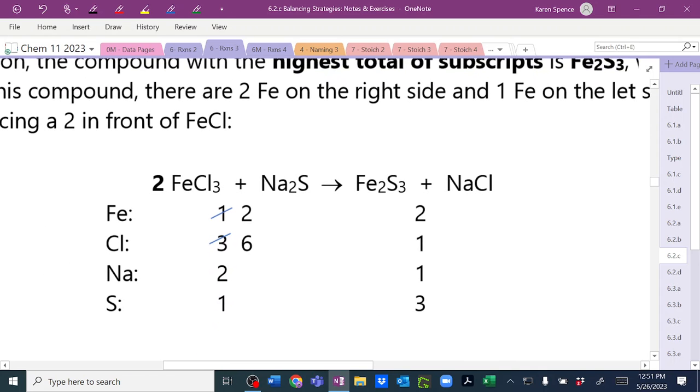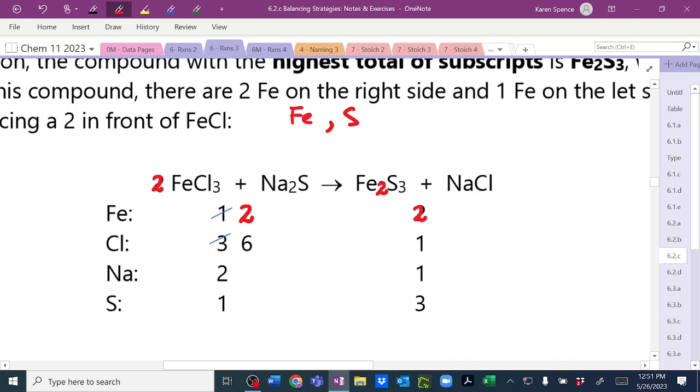So here's our first step. We want to balance the Fe and the S first. And I've taken the liberty of doing the first little step for us here. We have 2 Fe's on the right. So let's put a 2 in front of FeCl2 on the left to give us 2 Fe's on the left.